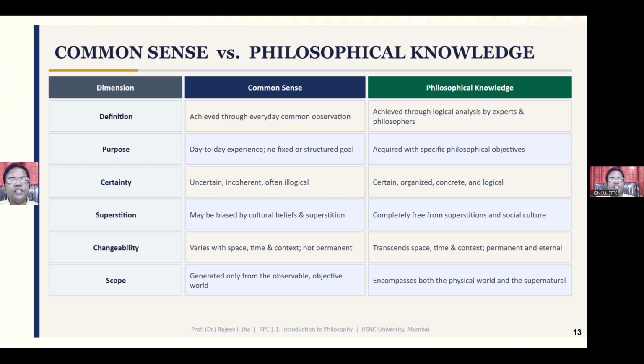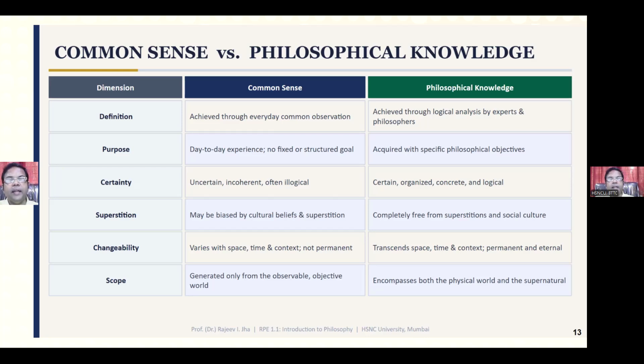The dimension of changeability is perhaps the most important for researchers. Philosophical knowledge is not subject to change with space, time, and context in the same way common sense is.